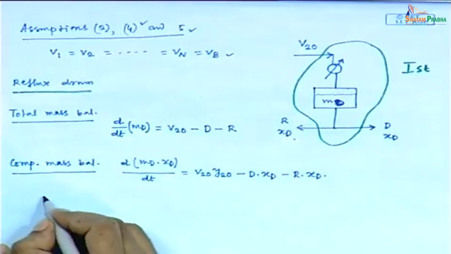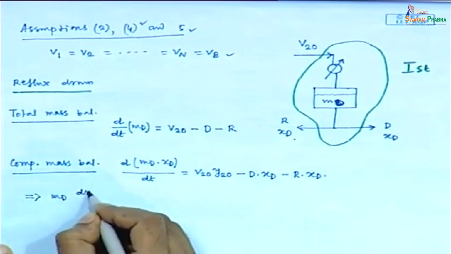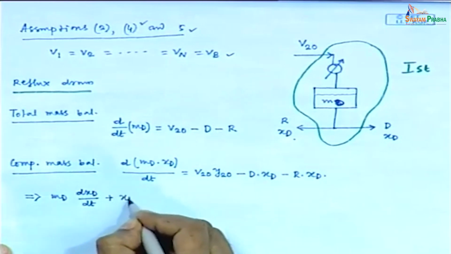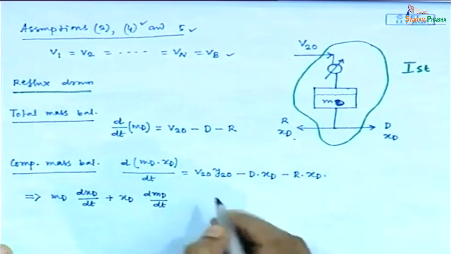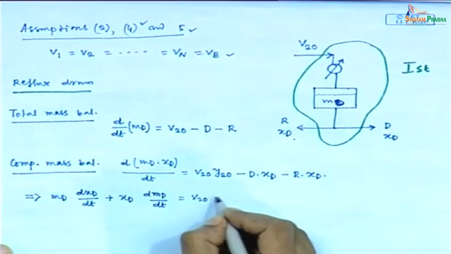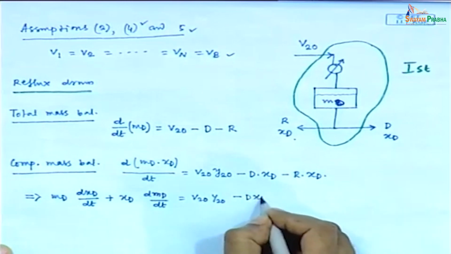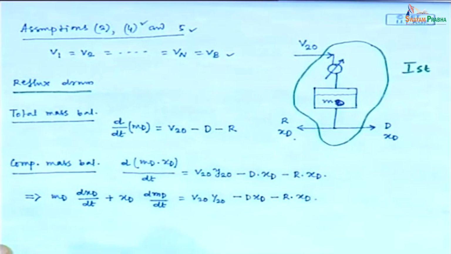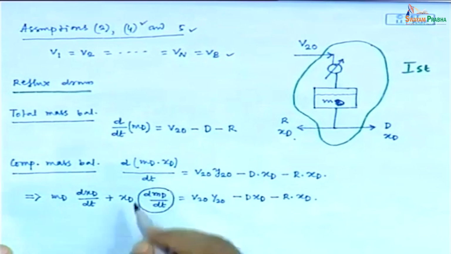Now, we wish to simplify this equation. So, MD dxD/dt plus xD dMD/dt equals V20 Y20 minus DxD minus RxD. We will substitute the dMD/dt term here.